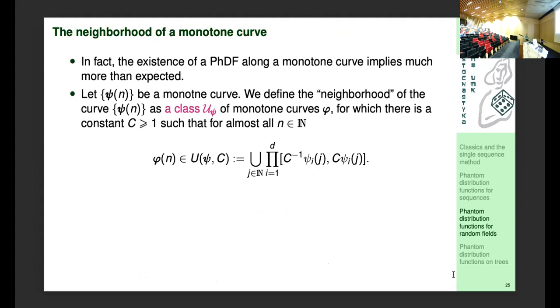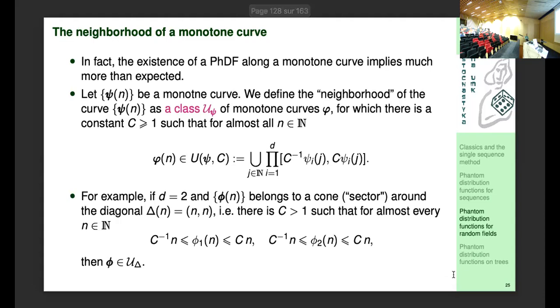We can formally introduce some neighborhood of a monotone curve. You have the formal definition. I will have a picture in a moment. But what is important, if the curve is increasing in some cone, and this is the corresponding condition here, then such a curve belongs to this neighborhood.